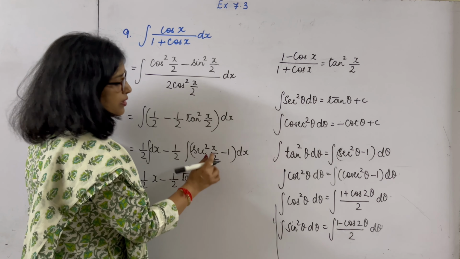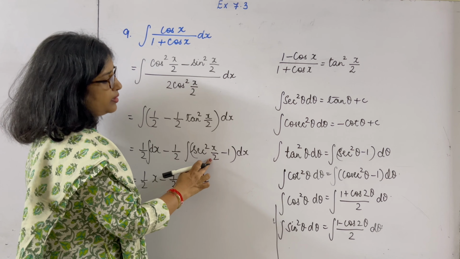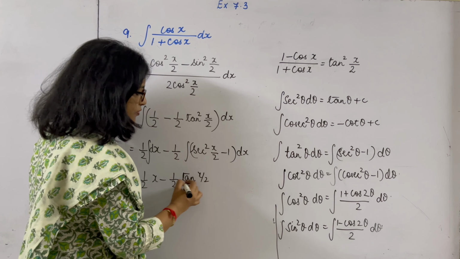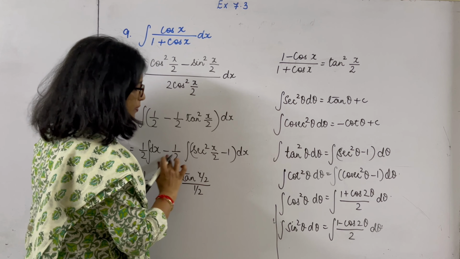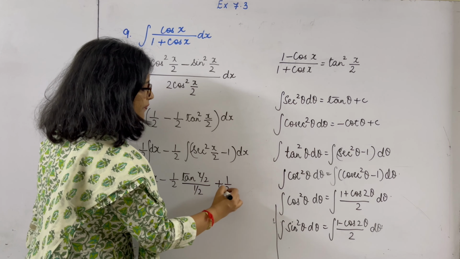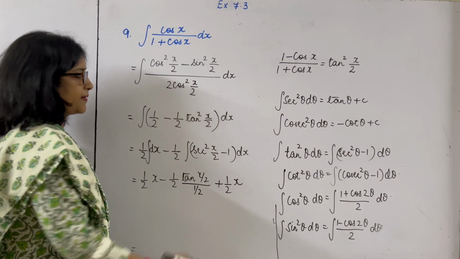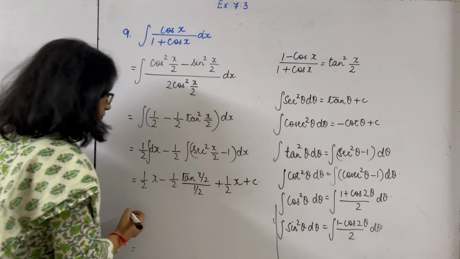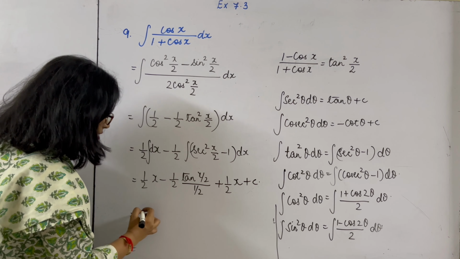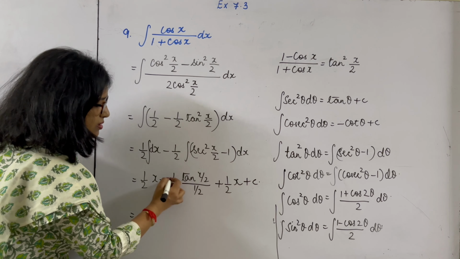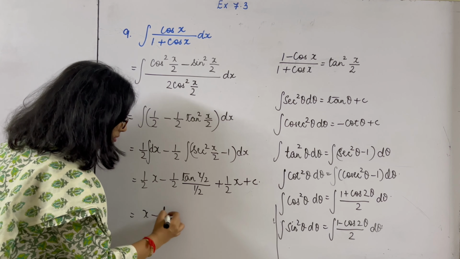Once again, it is not x and here the variable is x, so divide by the derivative of x by 2 in the denominator. Minus minus will become plus, integration of dx is x. So we have half x plus half x, that is x. This half will get cancelled.